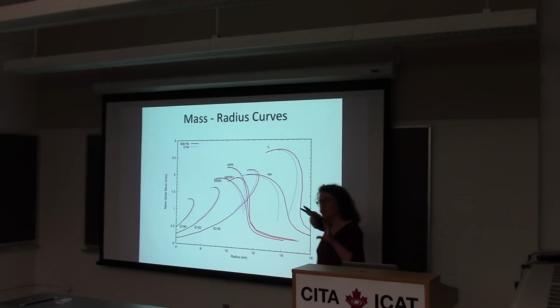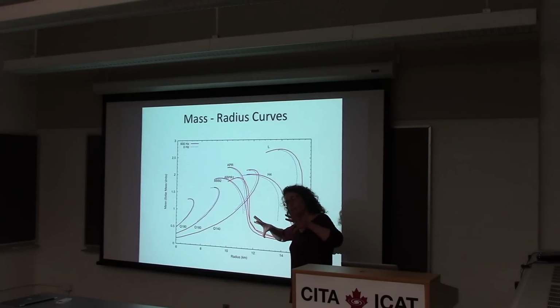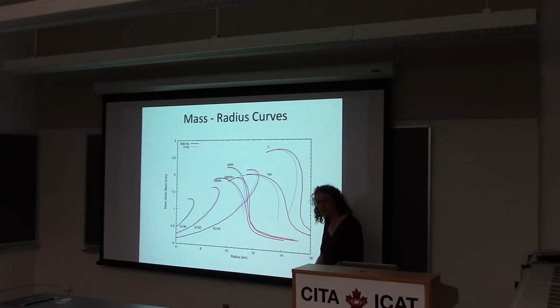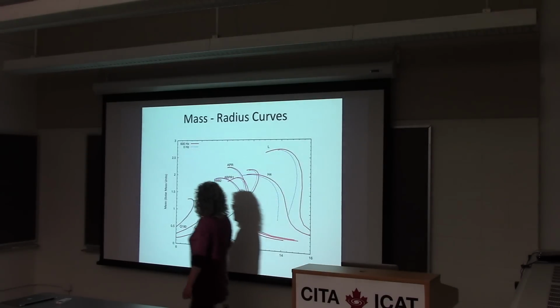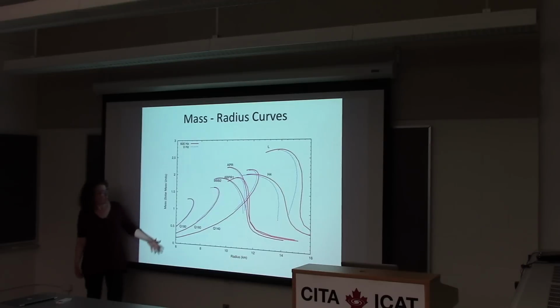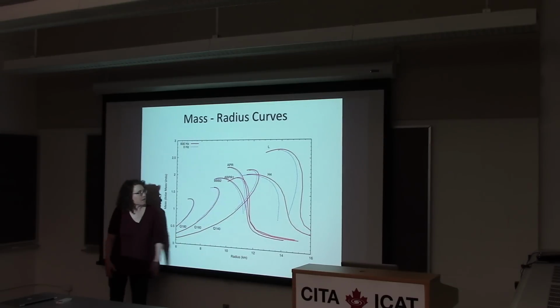Now, this is the kind of thing that we are usually looking at. Lots of different theorists have come up with different proposals for what the interior equation of state of a neutron star might be. And for each one of those proposals, you basically solve the equivalent of hydrostatic equilibrium. We call it the TOV equations. That gives you a range of possible masses and radii that stars can have.